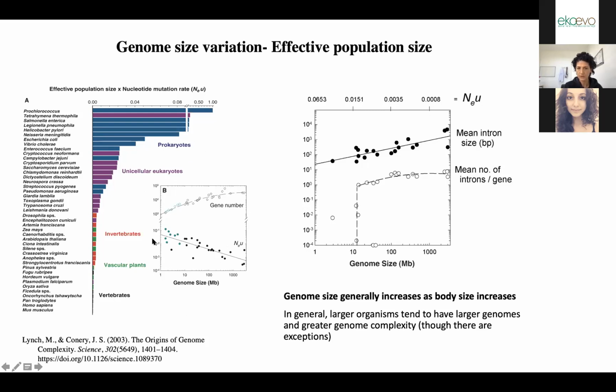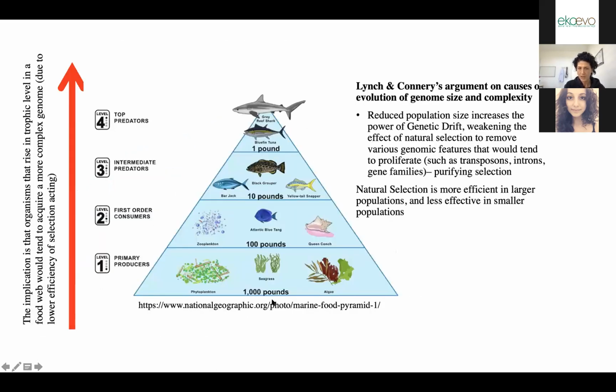What they concluded is that when the genome size increases, effective population size decreases, and of course the intron number, the transposon number, and repetitive elements in the DNA increase. And they came up with a conclusion.